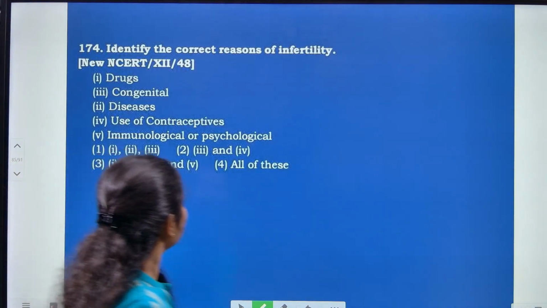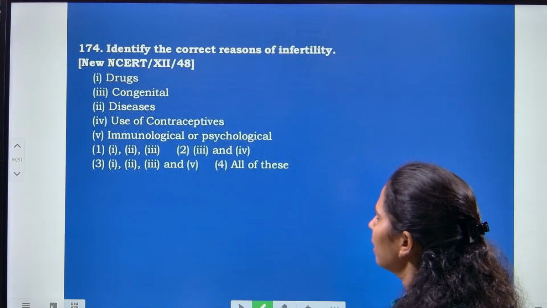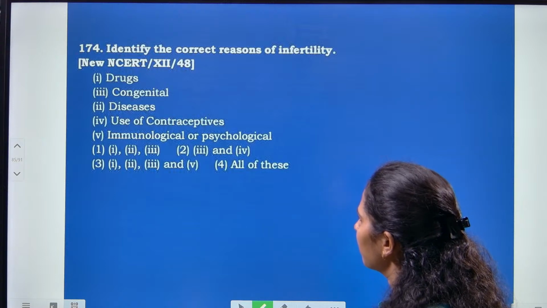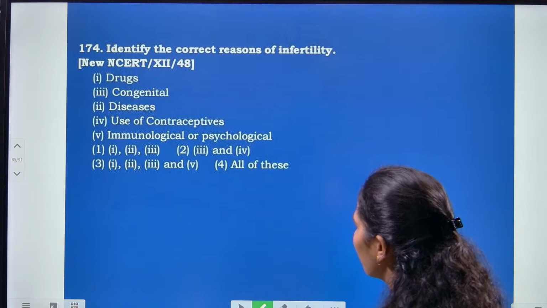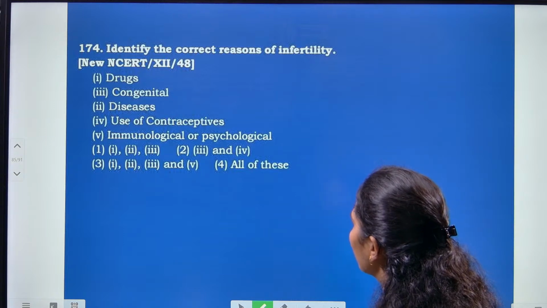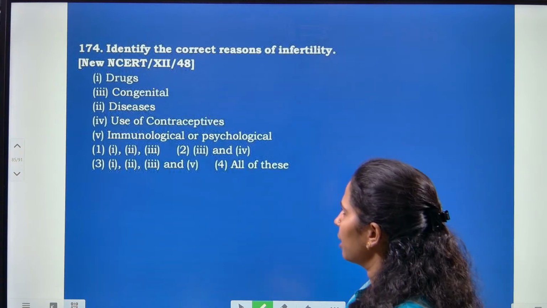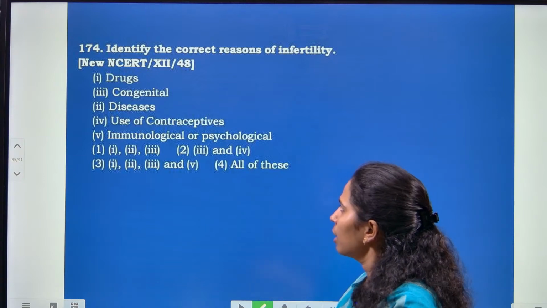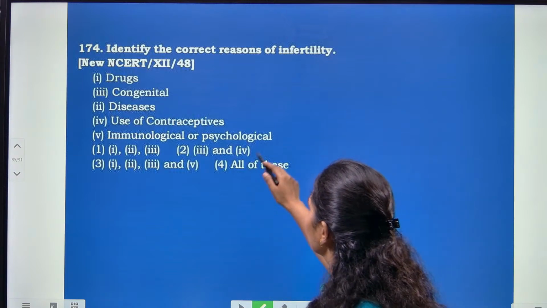Next, identify the correct reasons for infertility. Infertility may be due to drugs, it may be congenital, it may be due to diseases, or the use of contraceptives, or it may be immunological or physiological.